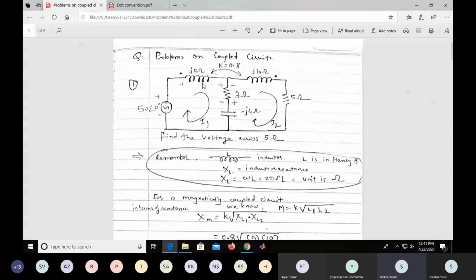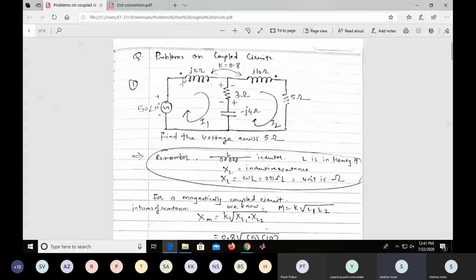K is equal to 0.8, the coefficient of coupling, is given here, and a 50 angle 0 degree AC source is there, and you have to find the voltage across 5 ohm.